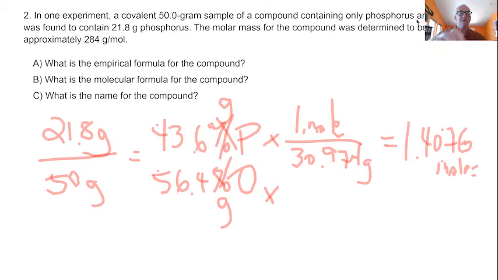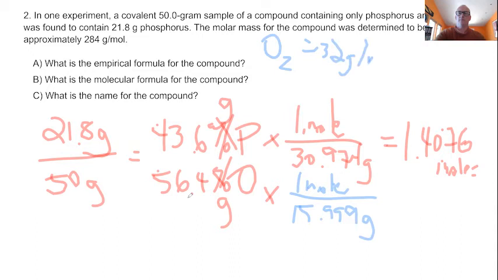How many moles of oxygen do we have? What's the molar mass of oxygen? 15.999. Right. Now, a really simple mistake that a lot of people make here is they think, what's the molar mass of oxygen? And they go, oh, oxygen is O2, that's 32 grams per mole.